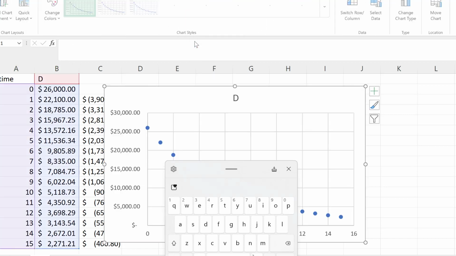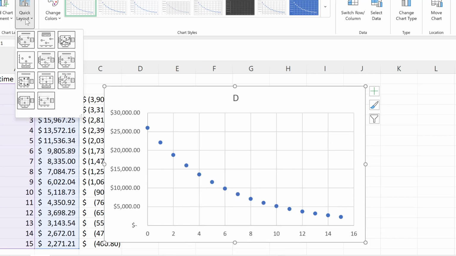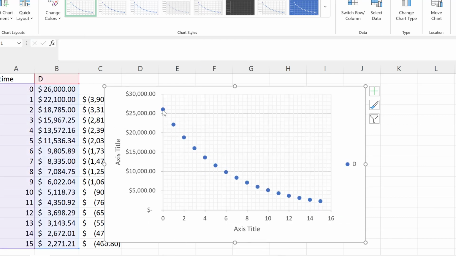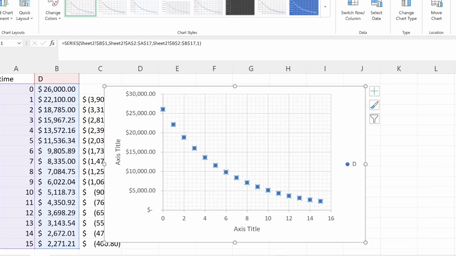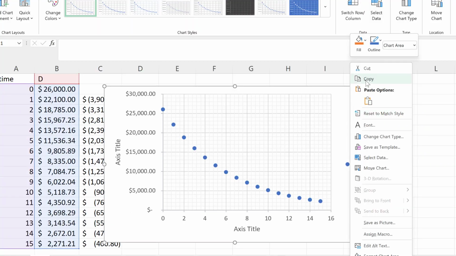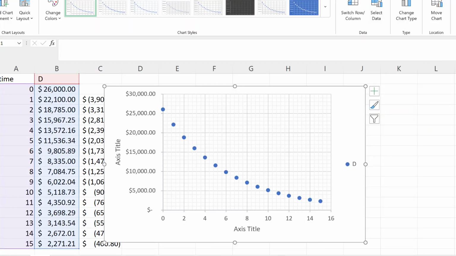So when I'm asking Excel to graph this, I'm getting this. You see, I get this depreciation where it starts off at 26,000 and then it's not linear. It's curvy. It's curvy like that. Okay. So that would be the graph. Let me go ahead and maybe copy that into the lesson as well. Okay.